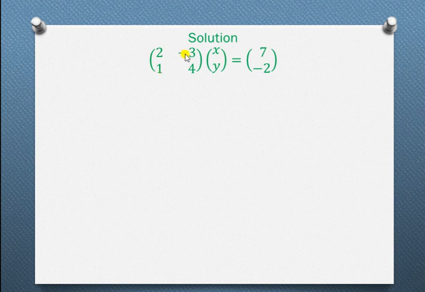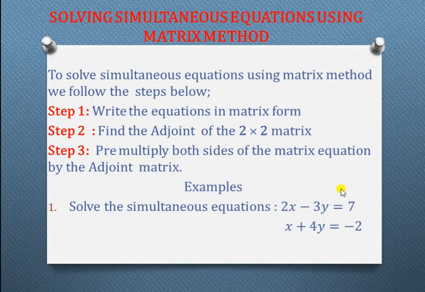Negative 3 was the coefficient of y in the first equation, and 4 was the coefficient of y in the second equation. So you again multiply by another 2 by 1 matrix, which has x, y, your variables that you're looking for.